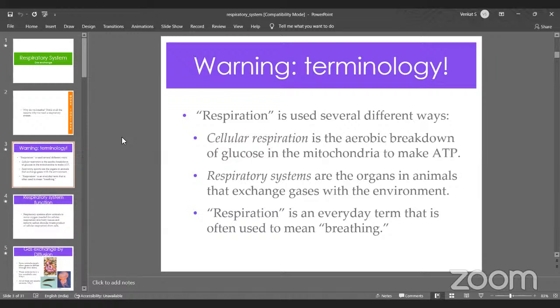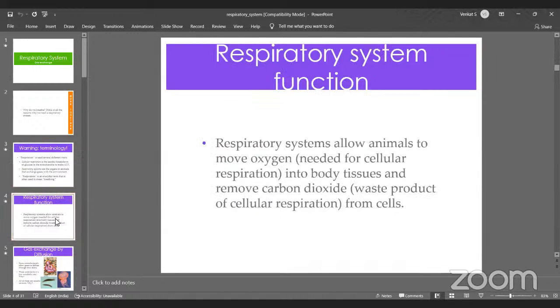Respiration is an everyday term that often means breathing.